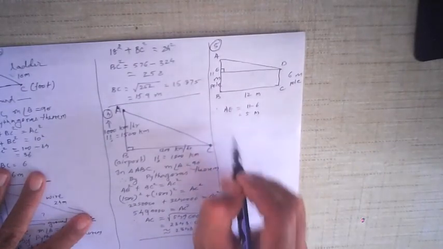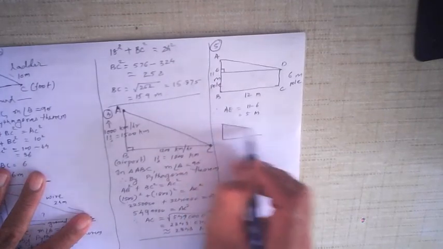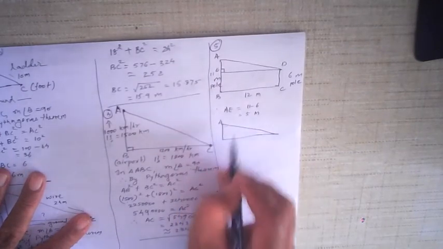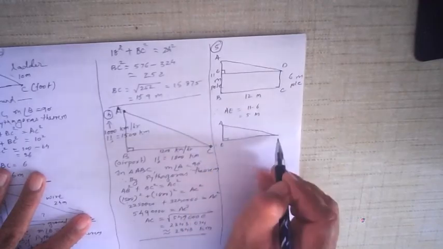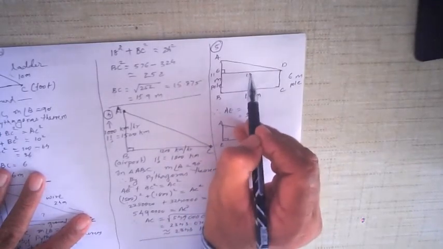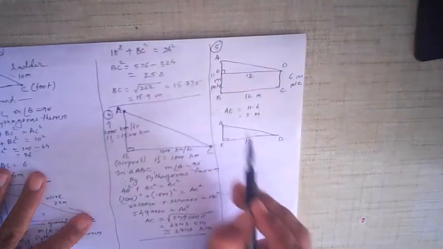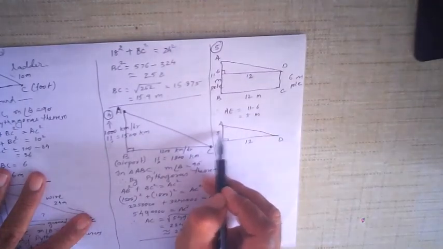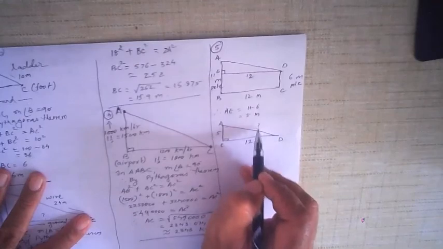So I have got triangle AED. This is 12 meters, therefore this is also going to be 12 meters. This is 5 meters. I want to find AD.